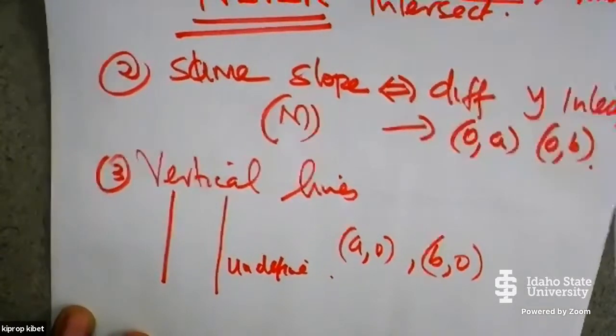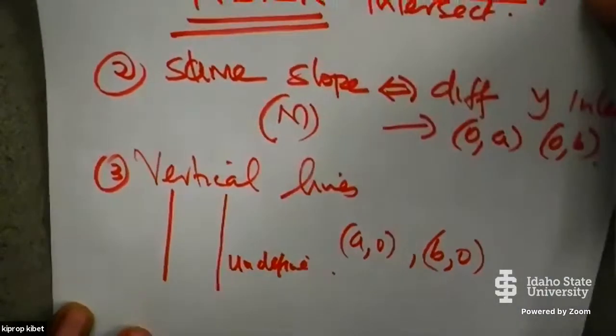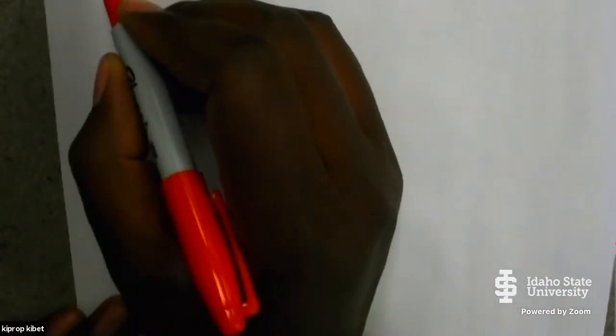So how can you identify parallel lines if you're given equations? So example number 1. Determine whether these are parallel.